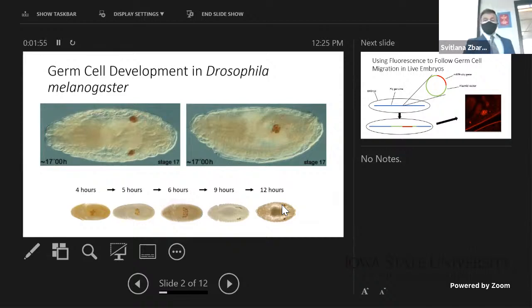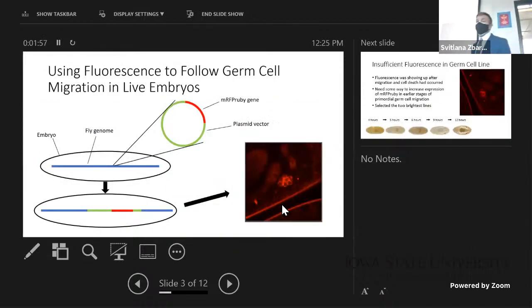The way we're doing that is by using fluorescence. You see here, we have fluorescent cells that are expressing the MRFP Ruby gene. That gene creates a red fluorescent protein that, when exposed to a certain wavelength of light, produces this red fluorescence.